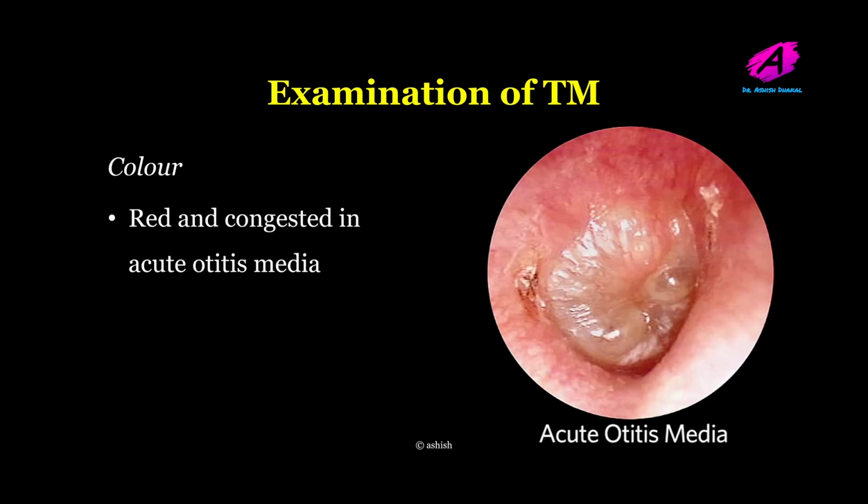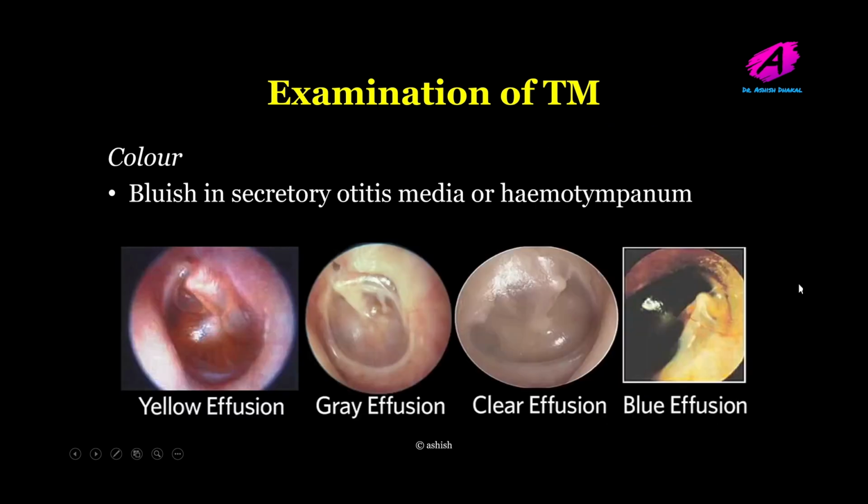Then coming on to examination of the pars tensa. In examination of the tympanic membrane, we have to check for the color of the tympanic membrane, whether it is red or congested, which is seen in cases of acute otitis media, or whether the color is bluish, which is seen in secretory otitis media or hemotympanum.